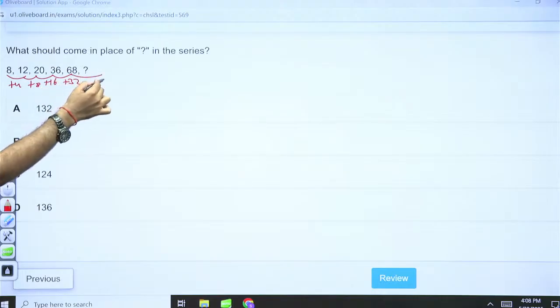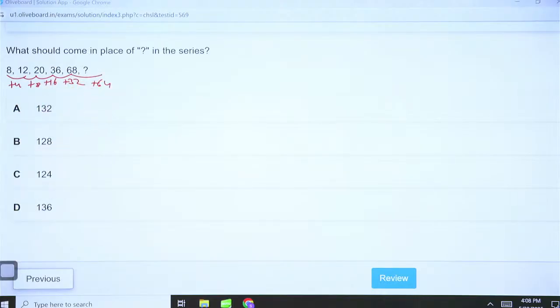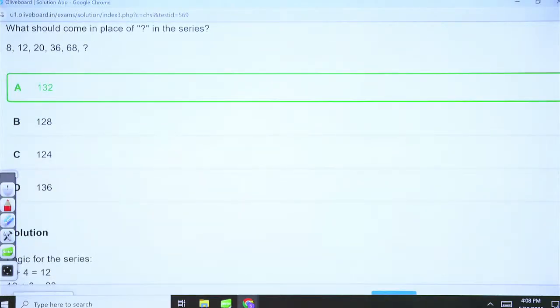So the next will increase by 64: 120, 132. Option A is the right answer. Cool. Next.